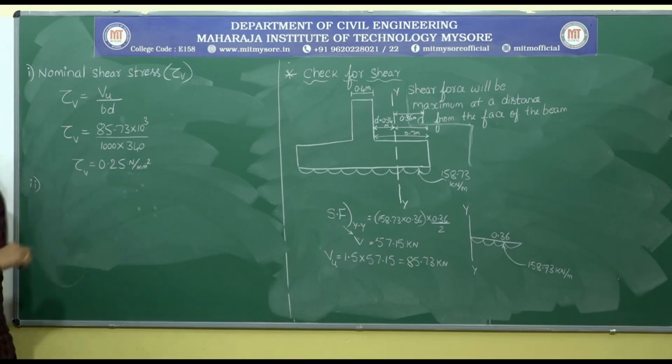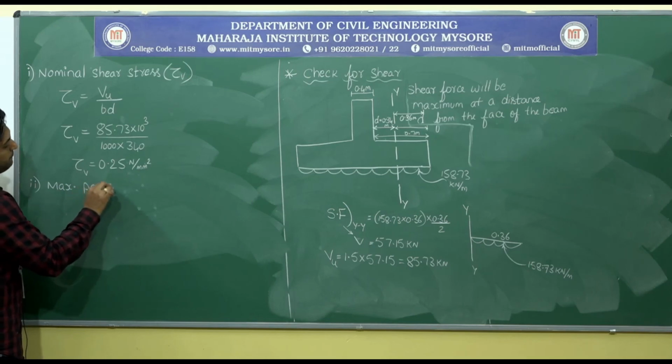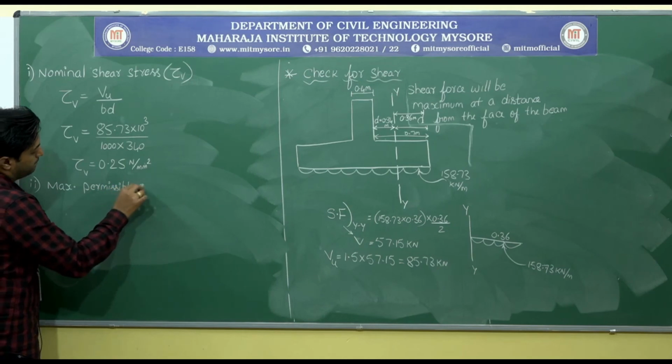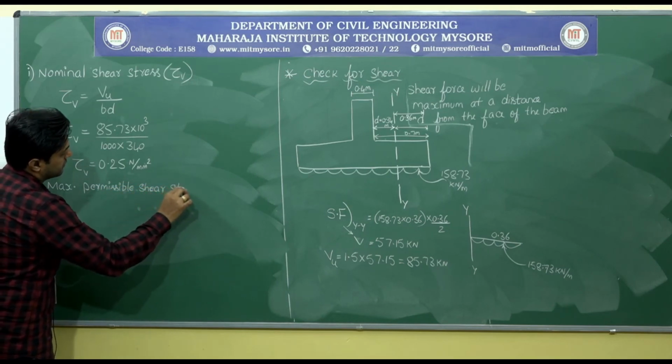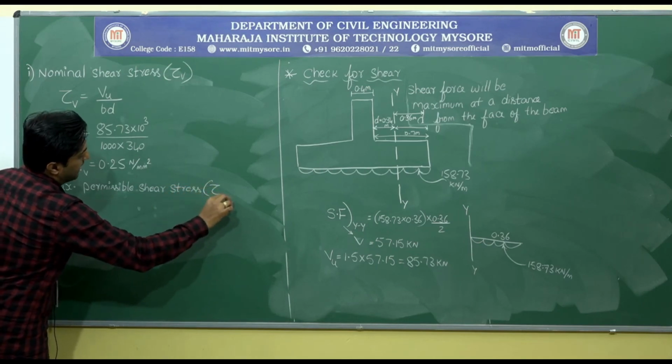Let me go with the second one. I think you people know, it is the maximum permissible shear stress, that is tau C max.